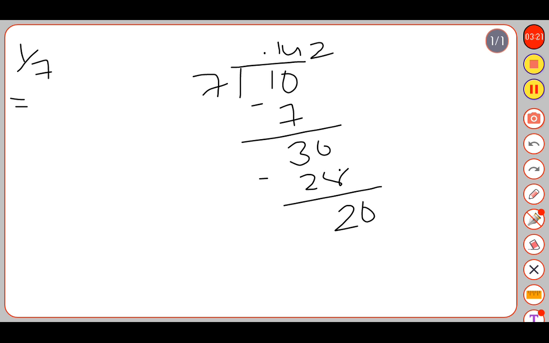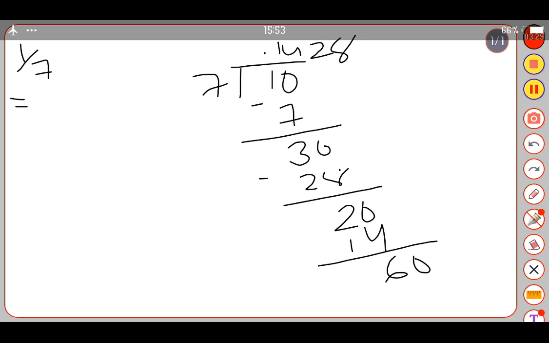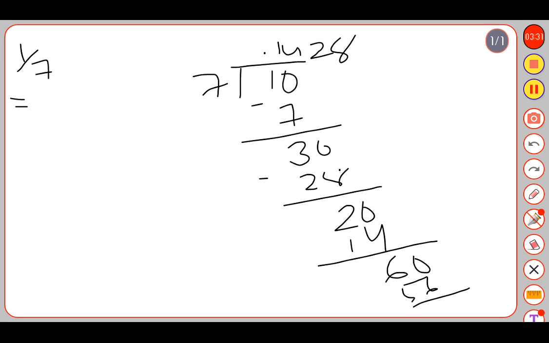Again 7 2s are 14. 6. Again 0 here. 7 8s are 56. Again we will get 4. So this will repeat up to n times. So we can write here the quotient as 0.1428 dot dot dot. So in this way we can do the decimal expansion of the real numbers.